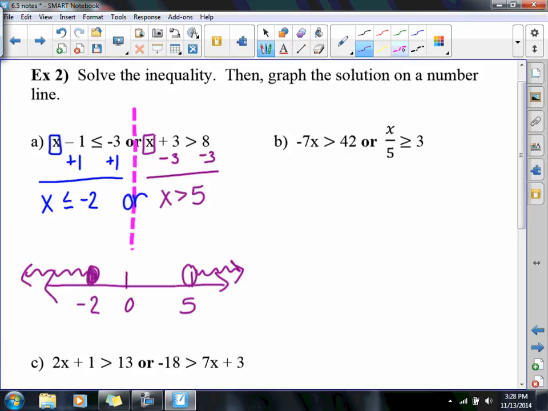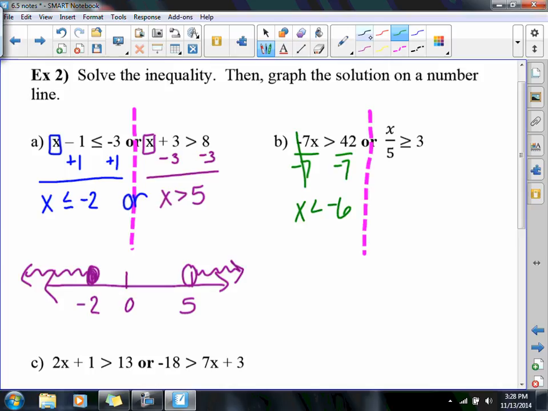Okay, for part B, again, we can put this little divider here if we'd like to kind of separate the two inequalities. And on the left side, I have -7x is greater than 42. So I'm going to have to divide by a -7 to get that x by itself. Now there I'm dividing by a negative number, so I have to flip my inequality sign.